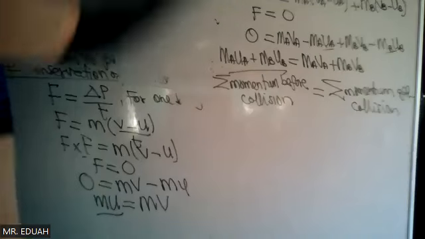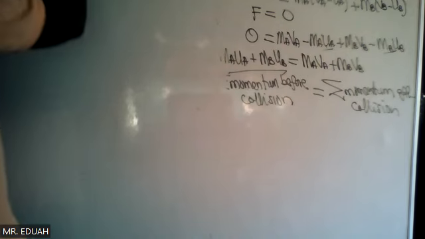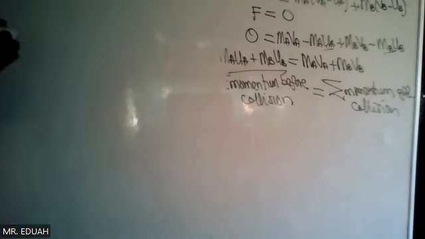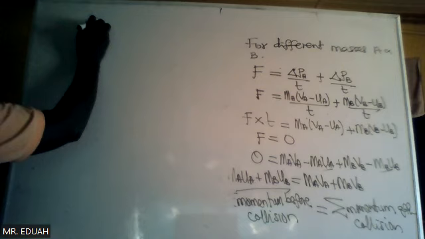Okay, so I earlier was saying that when the product of the force acting on the body and the time taken for the force to be exerted on the body would give you impulse, which is also equal to the change in momentum.